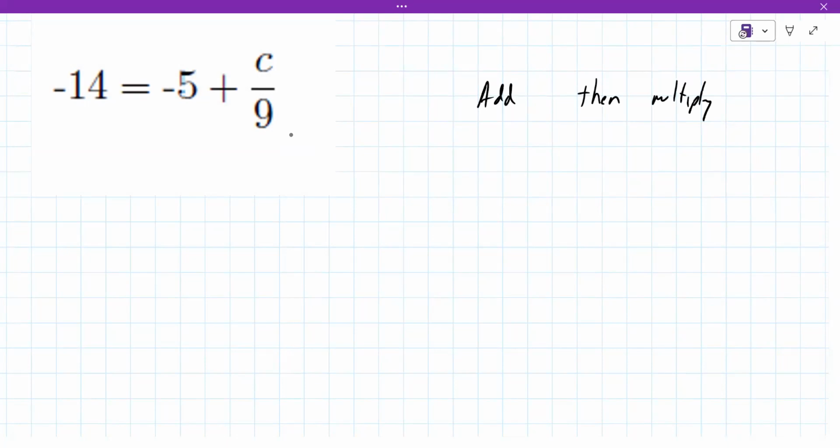So could you try solving this one on your own, please? Negative 81.